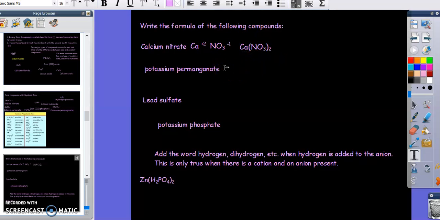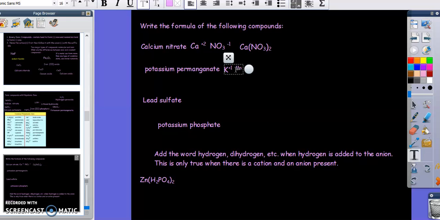Let's look at the next one here. The next one is potassium permanganate. So I'm going to write her chemical symbol, potassium, K, and she is a +1 because she's in group 1. And then permanganate, I'm trying to remember the formula, but I can go back and look at the previous slide, or I can look online, or I can find it in my book.